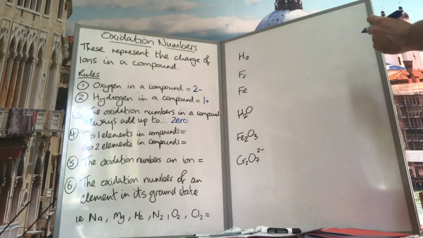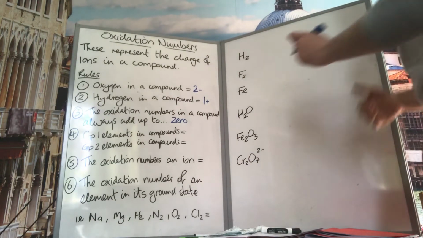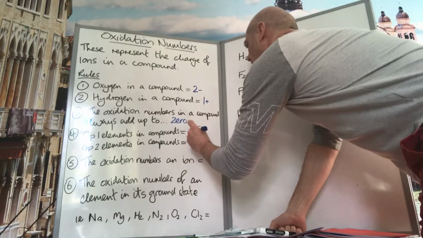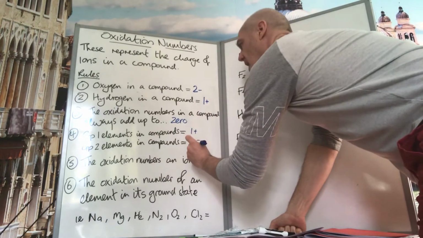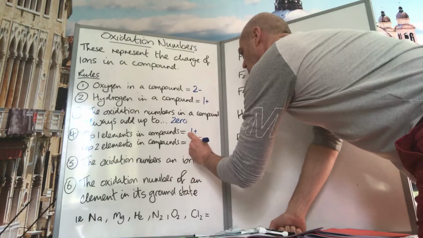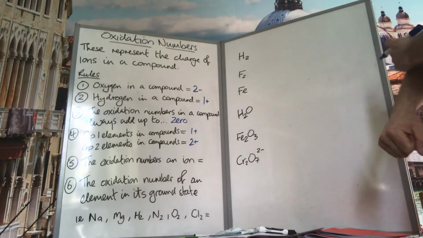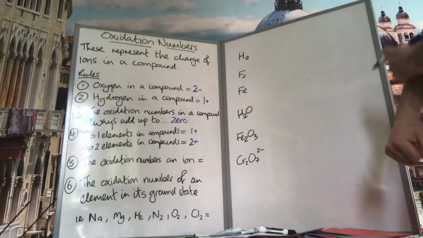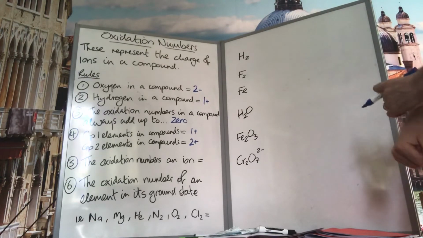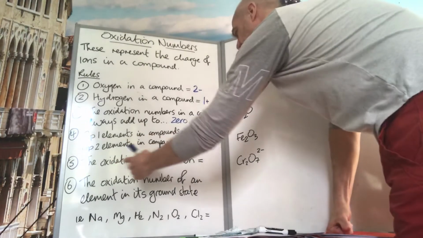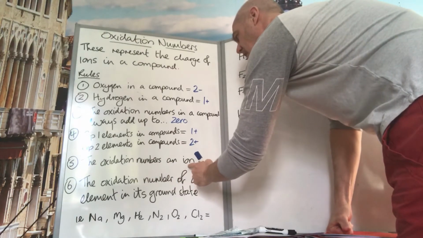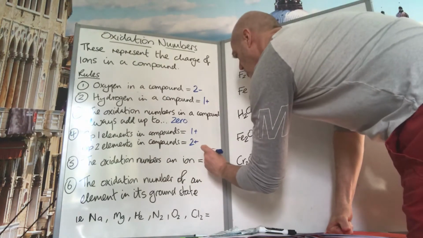Rule number 4, group 1 elements in compounds will have a 1 plus charge, and group 2 elements in compounds will have a 2 plus charge. Okay? But we know that anyway from the work that we did in C3. The oxidation numbers for an ion equal the charge on the ion.